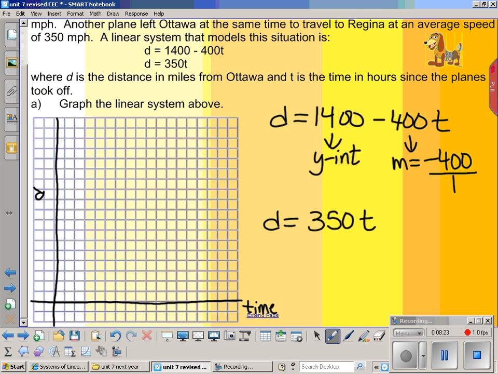Now, if we are going to use the slope-intercept method, recognize we are not counting 350 units. We have to look at the scales. We need to make sure we can go to 1,400, and I believe we can go up by 100s here. So 100, 200, 300, 400, and so on up to here's 1,400.